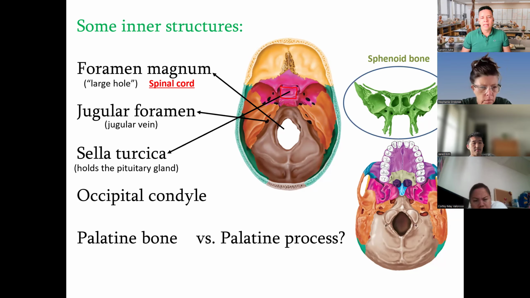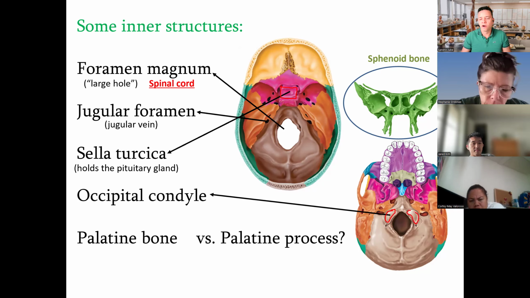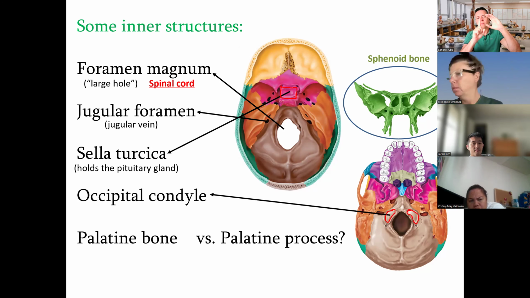Now, looking at an inferior view of the skull with the mandible removed, we're going to be able to see these flat surfaces right here, which are to the side of the foramen magnum. These flat surfaces, folks, will articulate with the first vertebra, which is what we call the C1.